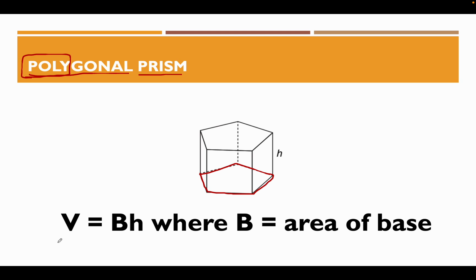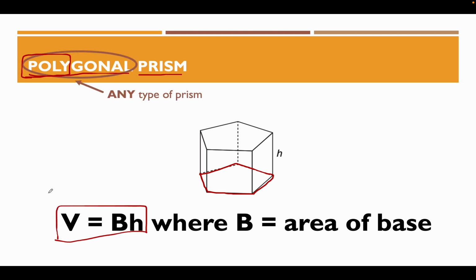So what that means is that this formula that we have down here would work for any type of prism. It actually would even work for a triangular prism, a rectangular prism, and a cube as well. But we're just going to use it for those odd shaped prisms, and we'll keep the other formulas the same.